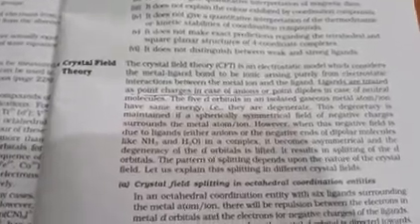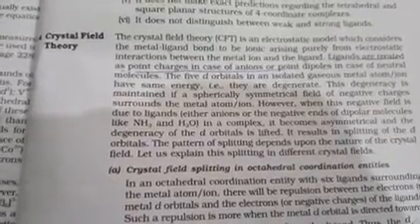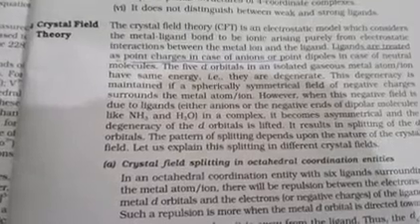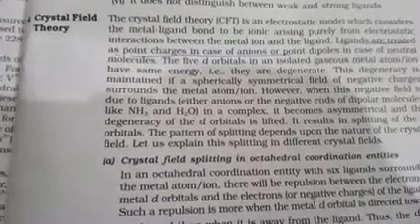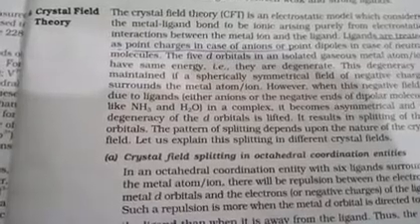This pattern of splitting depends on the nature of the crystal field, and that we call crystal field splitting. This will be discussed in two ways: crystal field splitting in octahedral complexes, and crystal field splitting in tetrahedral coordination entities.